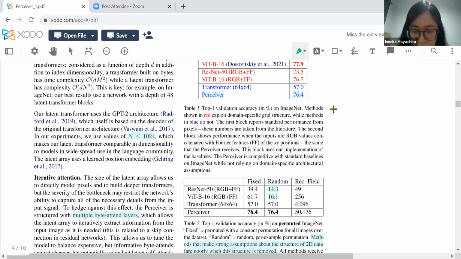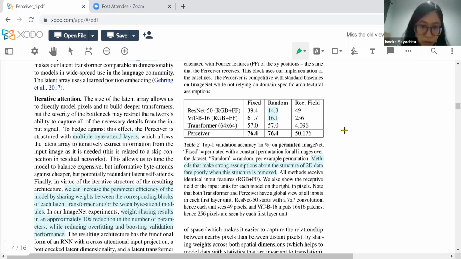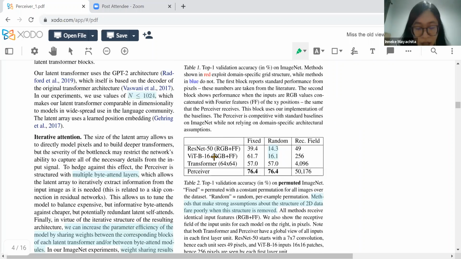Okay, great. The next table here is interesting. It shows how ResNet and vision transformers suffer when we randomly permute the pixels.